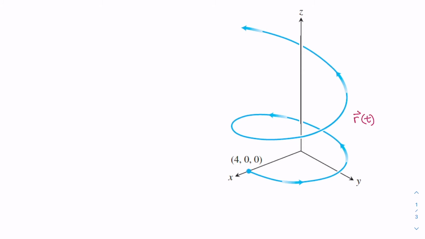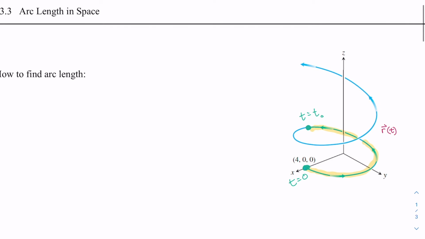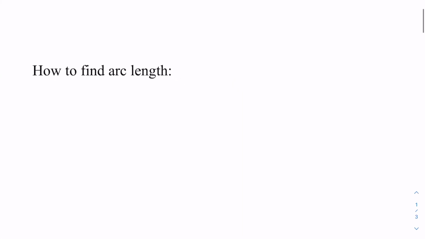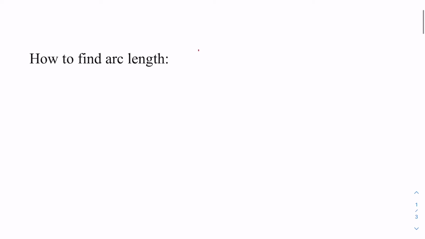Maybe say this point here is at t equals 0, so the initial point, and then we could define any point to be t equals t naught, and we would want to know this arc length, which would give us this distance here between those 2 points. So the general formula we use for finding arc length is this. For arc length, we'll call it L for length.